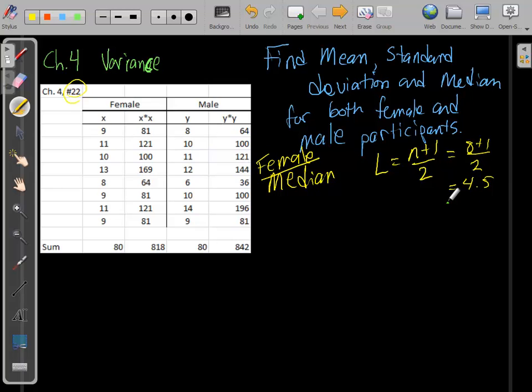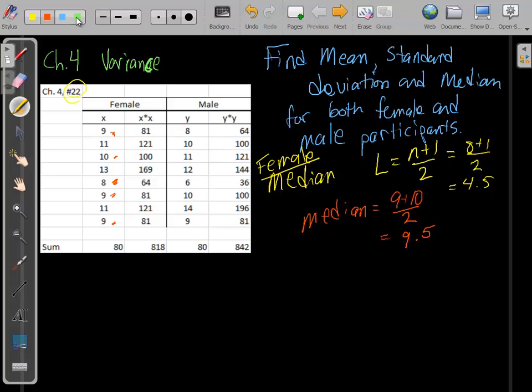Starting at the smallest one, 8, then we go 9, 9, 9, so that's the 4th, and the next one up is 10. So the median is 9 plus 10 divided by 2, which is 9.5. Okay, halfway between 9 and 10.